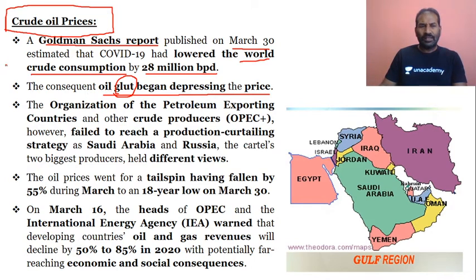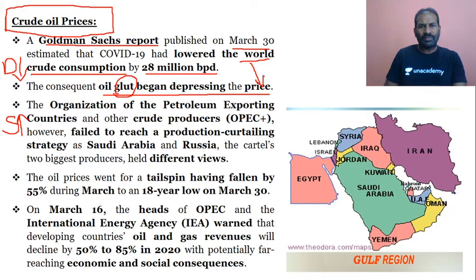Please do understand here, the demand is low, but the other side of it is the supply is high. So how does it impact the price when the demand is low and the supply is high? Definitely it will impact the prices. So that is what is important: the demand has come down, the supply is high, and because of that the prices have been slashed down.